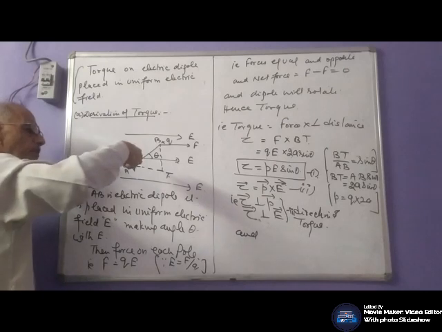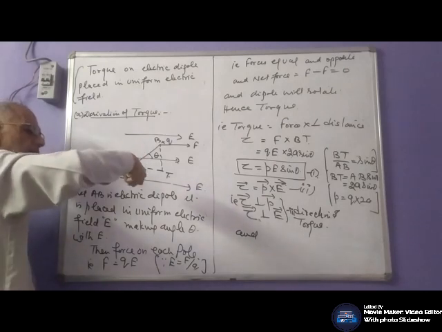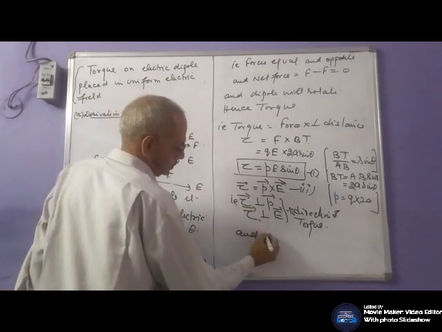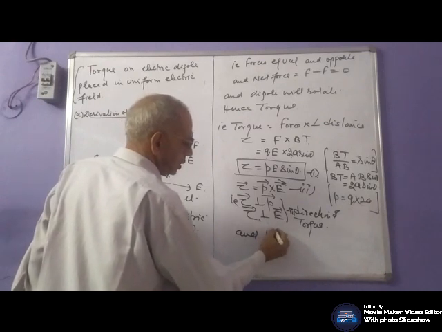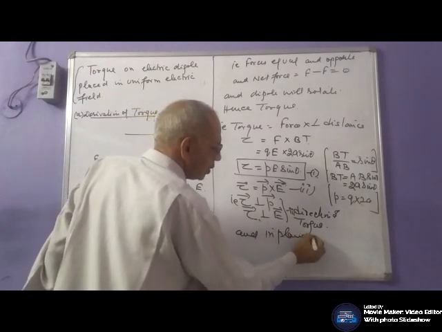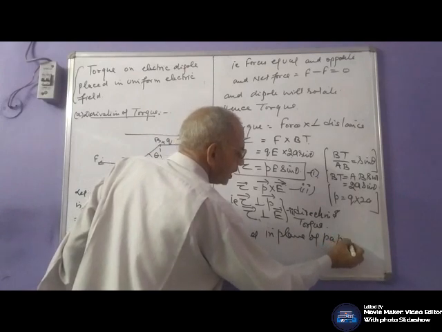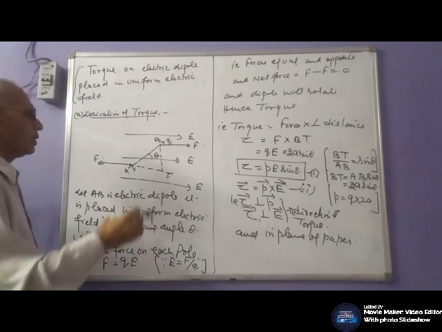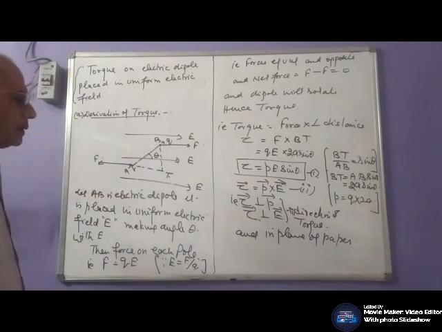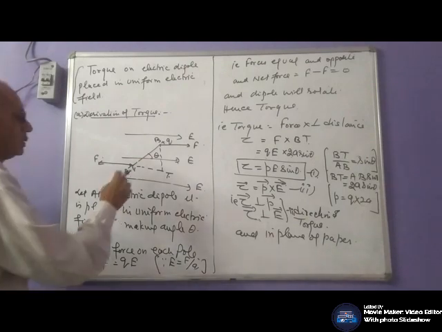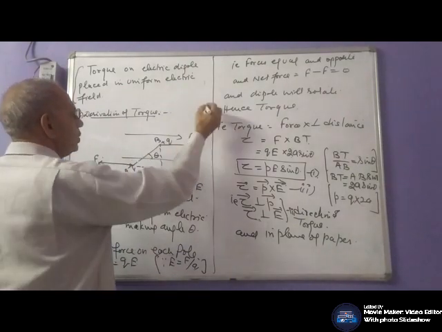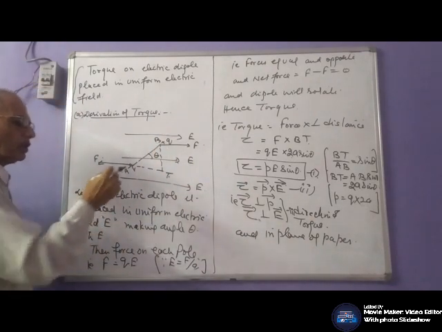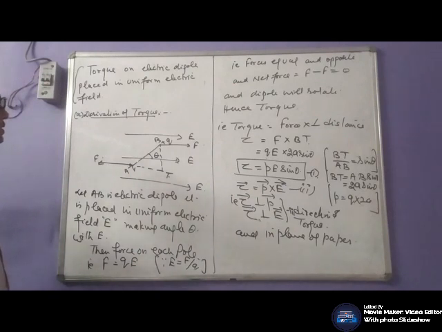This is the rotation; the thumb is inside, the screw is going inside, into the plane of the board, for you the paper. The torque is acting inside, perpendicular to p. This is p on the board, this is E on the board. The torque will be perpendicular to p as well as E, and inside.